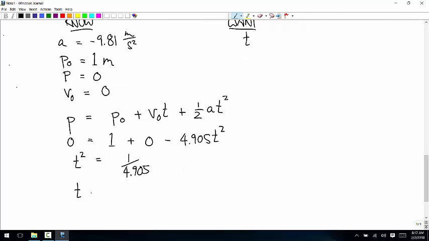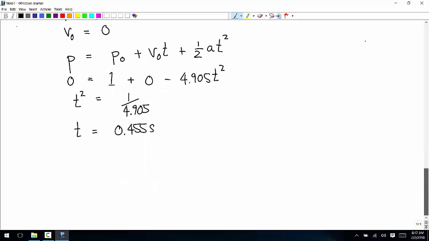And so t is equal to 0.455 seconds, right? I think so. Square root of 2 over g. So that's how long it takes if you just drop it.